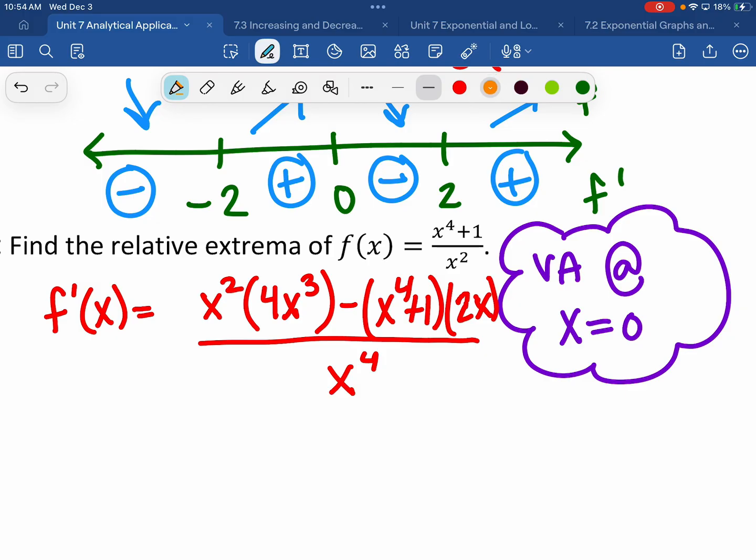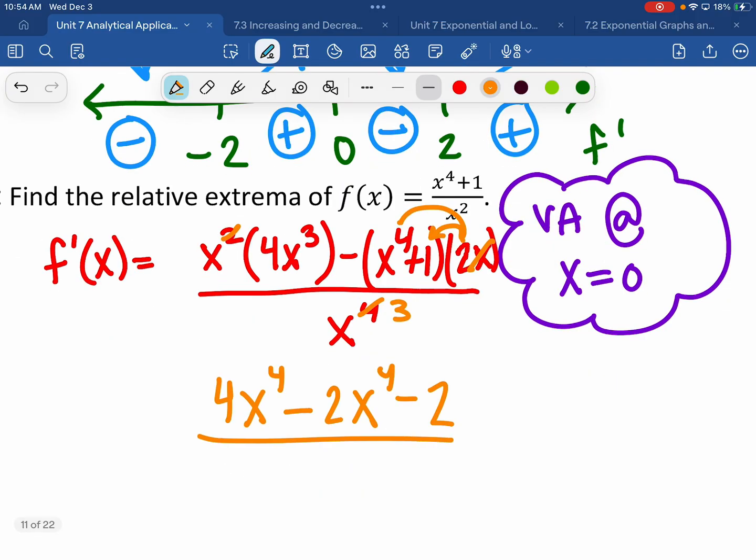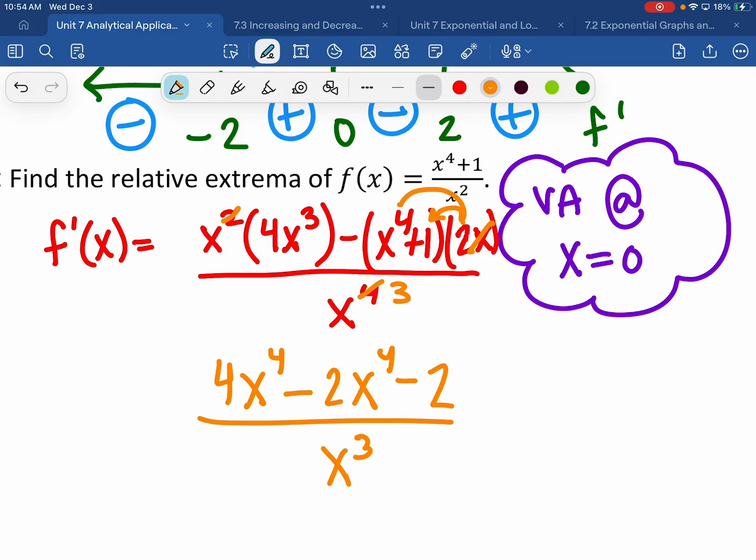All right, so we can simplify this a little bit. What does every single term have? An x. So I'm going to take an x out. So that's going to go down to a 3. That's going to go down to just an x. And then this x here is going to go away. So x times 4x cubed is going to be 4x to the fourth minus 2 times x to the fourth minus 2. And on the bottom, x cubed.